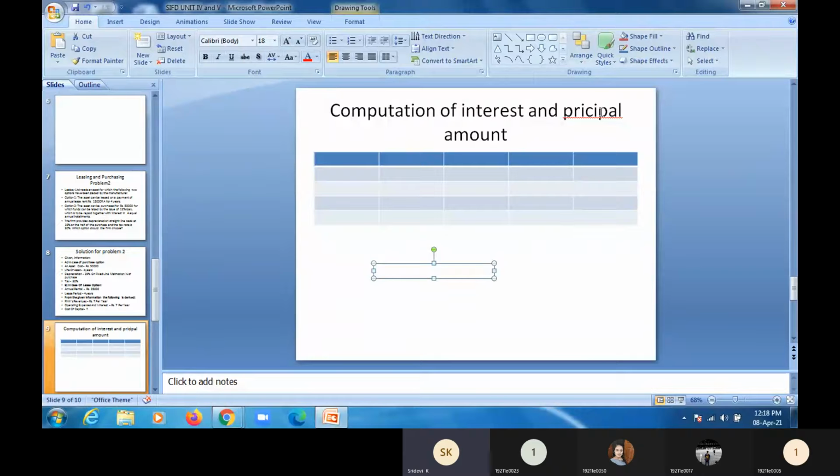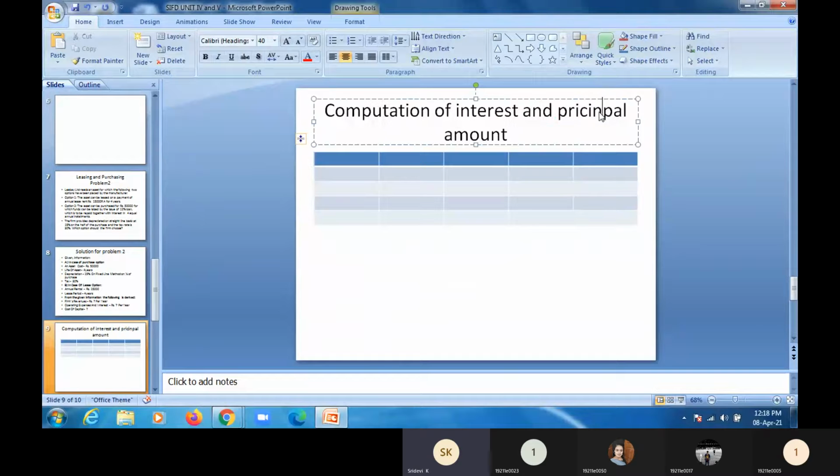Okay, so that means here, first of all, together how much they are going to pay. That amount we are going to calculate first. So from this information, we are going to calculate how much it is going to be paid annually.